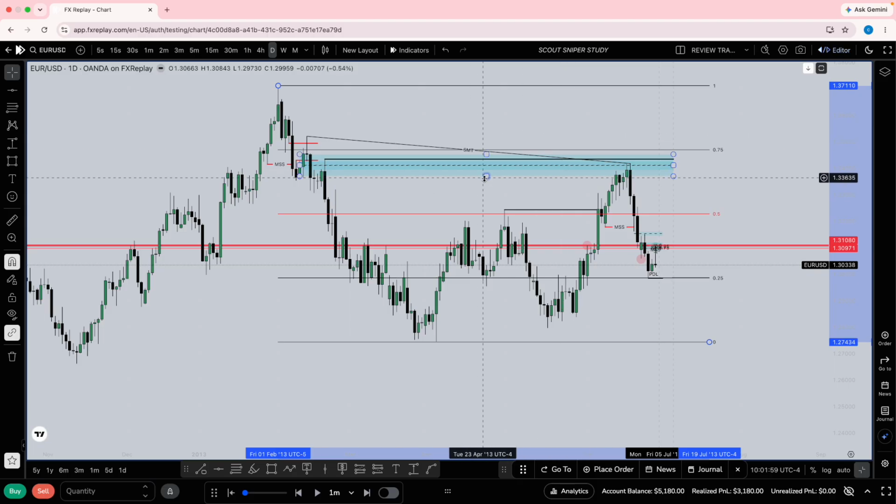And if you watch the ICT fair valuation tutorial and the equilibrium versus premium, equilibrium versus discount, you'll know that we're in a premium right here, and that in premium, we look for sells. The algorithm looks for sells in premium because price buys in discount and distributes in premium.